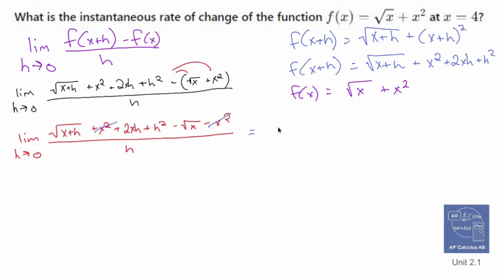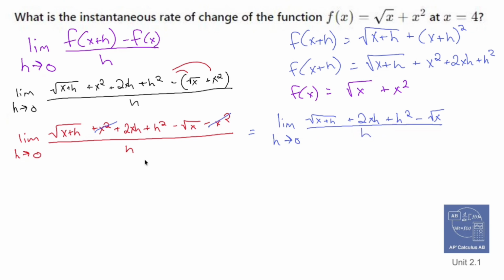So that leaves me with the limit as h approaches 0 of the square root of x plus h plus 2xh plus h squared minus root x all over h. Again, I can't plug in 0 for h because that'll make the whole thing undefined.